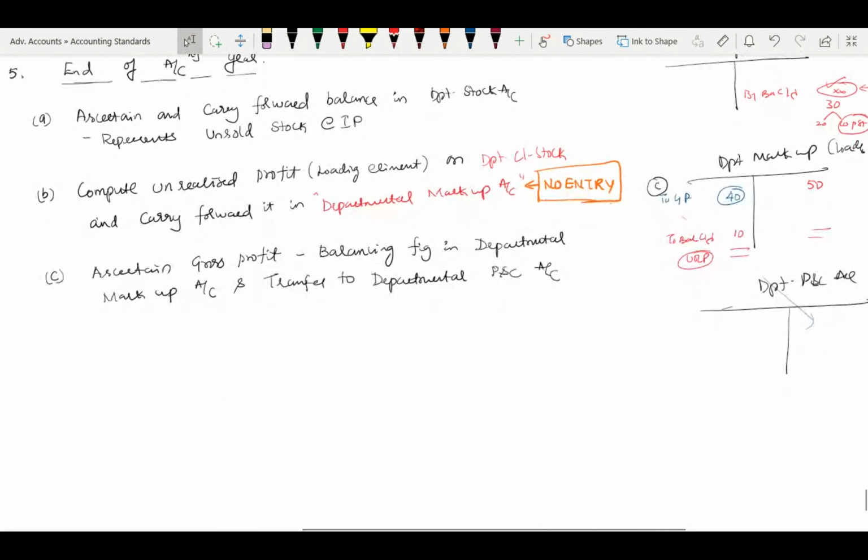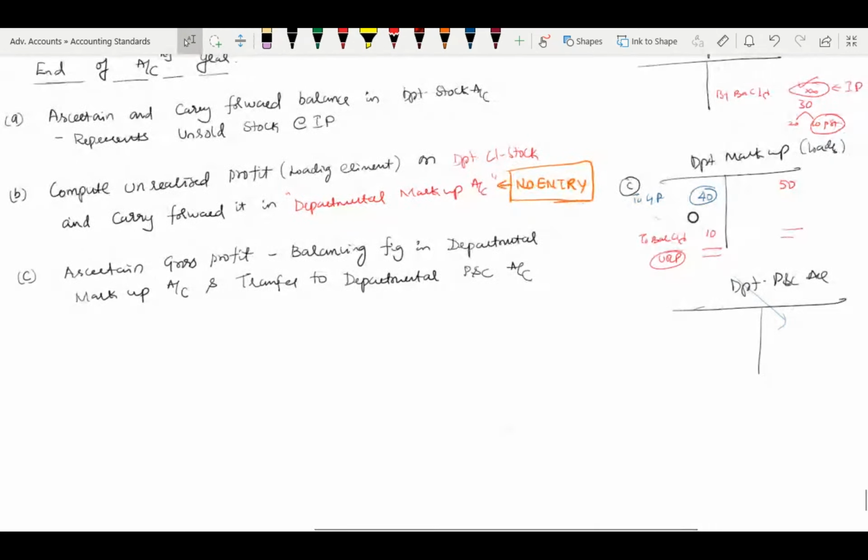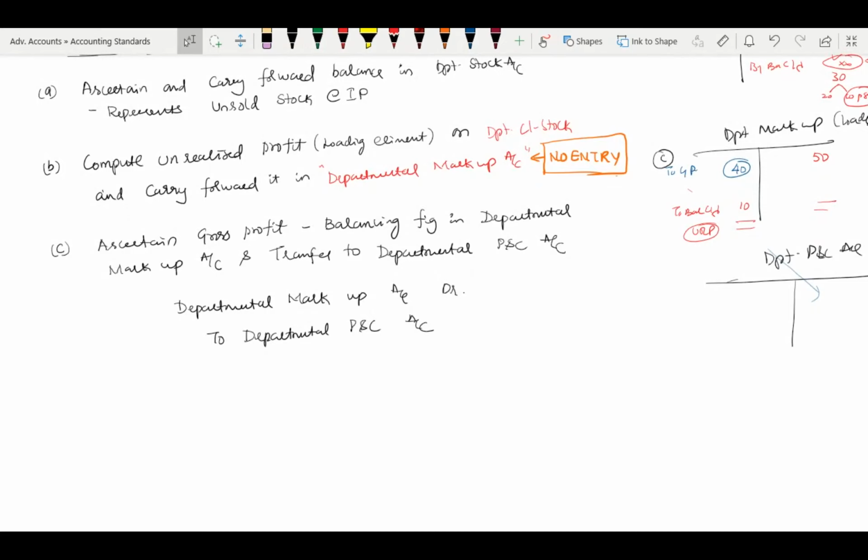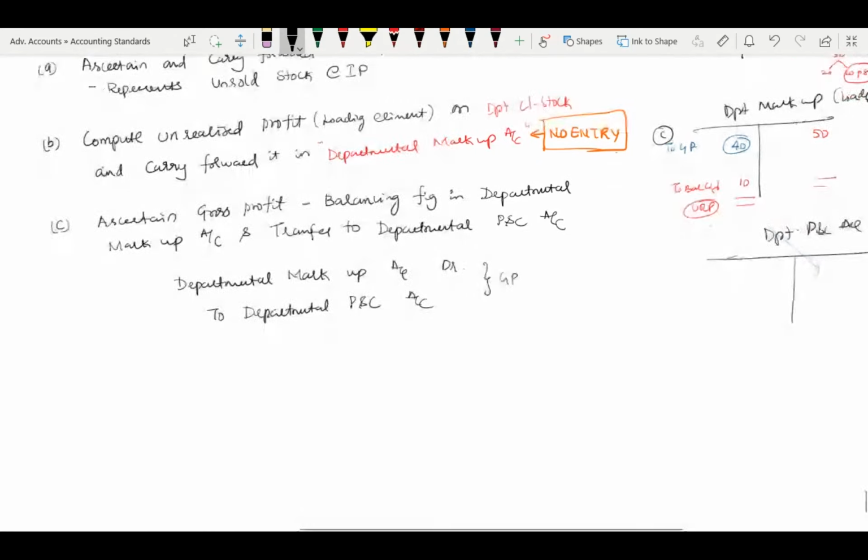For this, an entry will come. Whatever balance is there in the departmental markup account will be treated as gross profit and has to be transferred to departmental P&L. Therefore the entry is departmental markup account debit to departmental P&L account. This is for gross profit, GP.